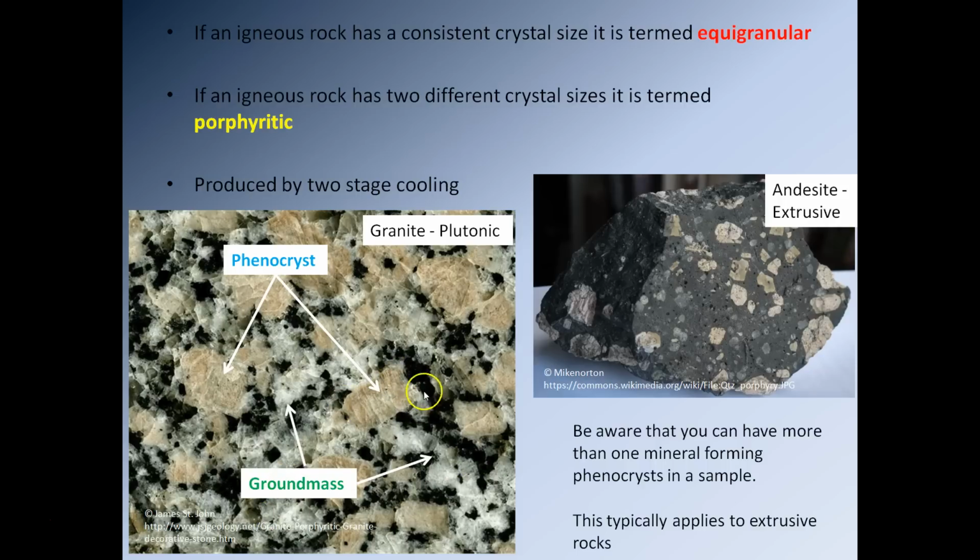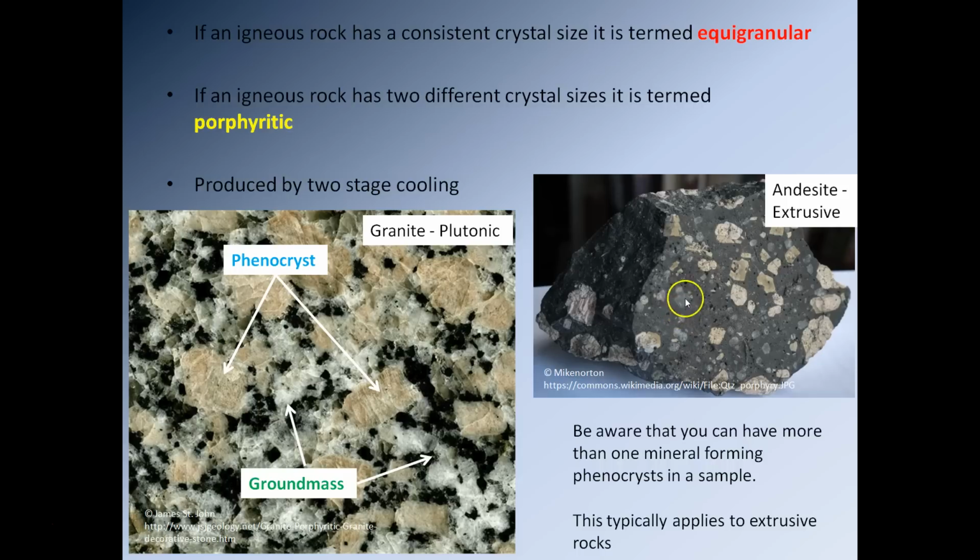So these coarse crystals are referred to as the phenocrysts, and the smaller crystals that surround the phenocryst are referred to as the groundmass. If we look over here at this andesite, we can see we actually have two different types of phenocryst. We have these lighter coloured feldspar phenocrysts here, and these slightly darker coloured phenocrysts here.